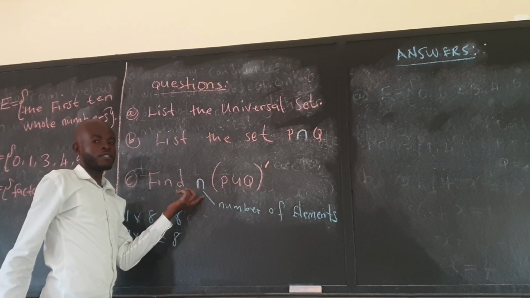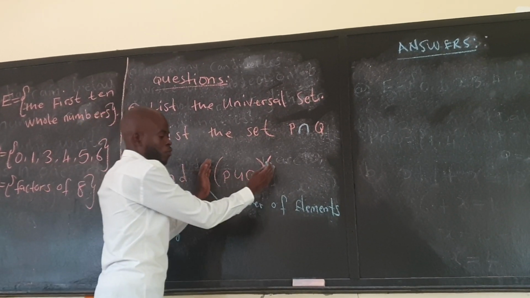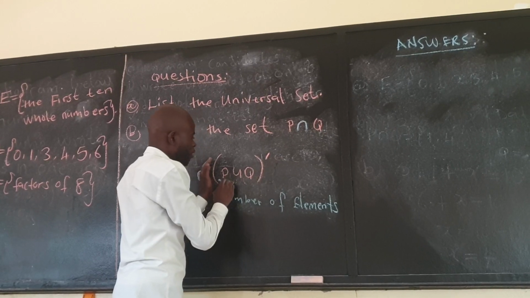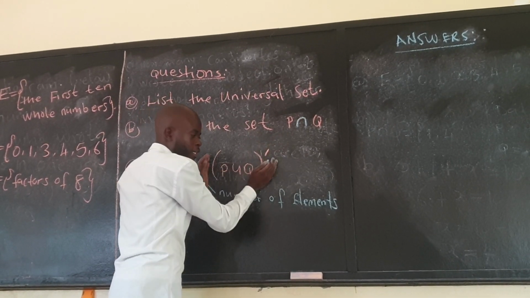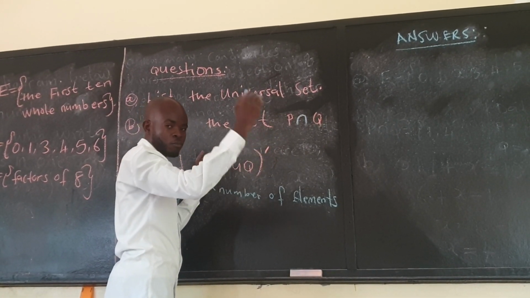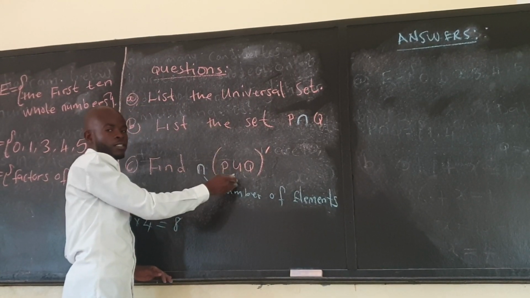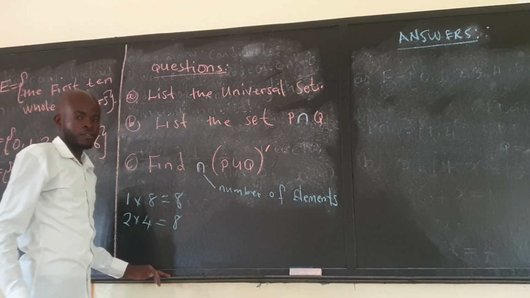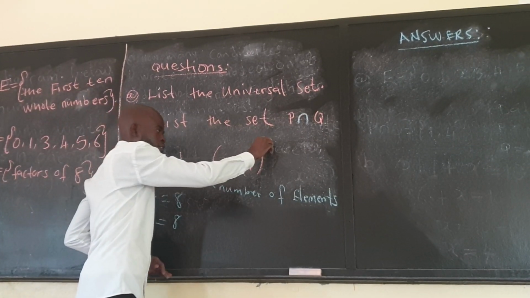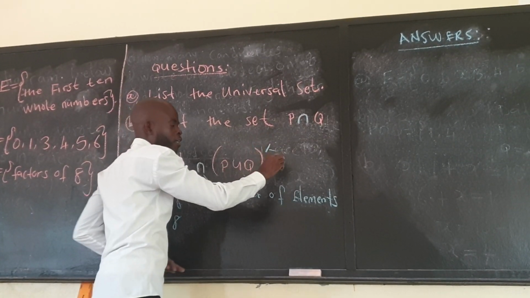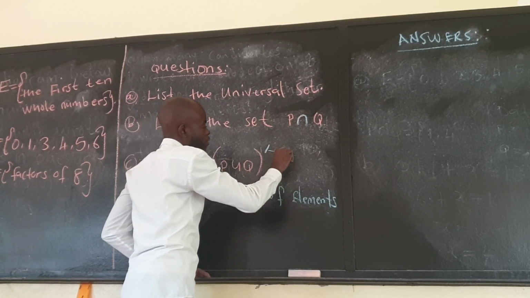Number of elements, meaning when you come up with P union Q complement as a set, how many elements will be there in that set? This is the meaning of N outside the brackets. Then this symbol here simply means complement.